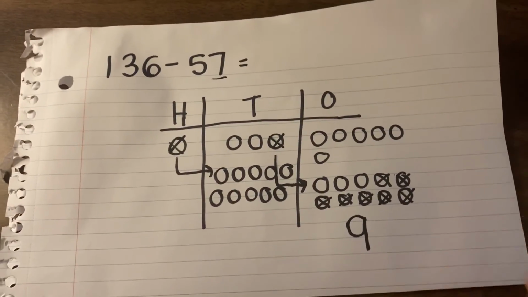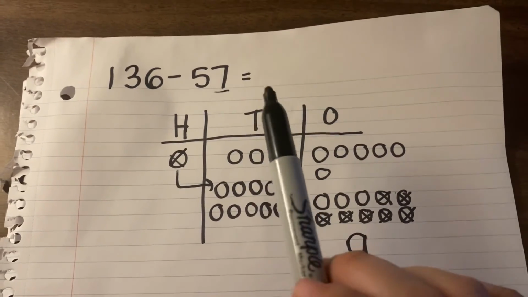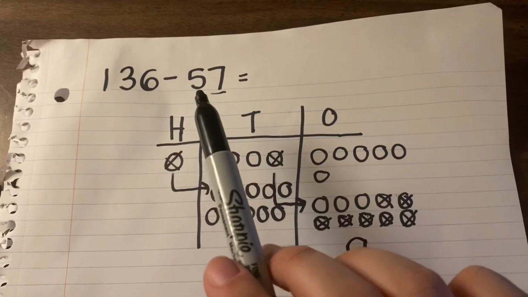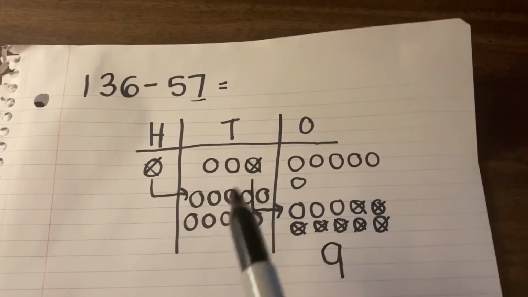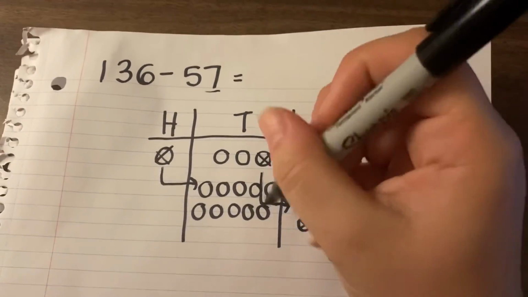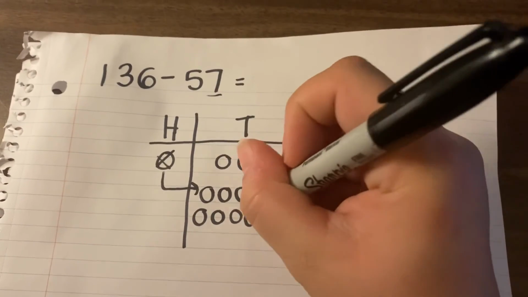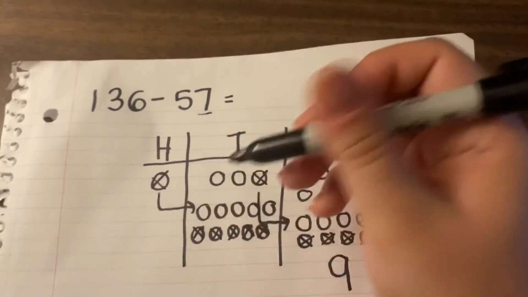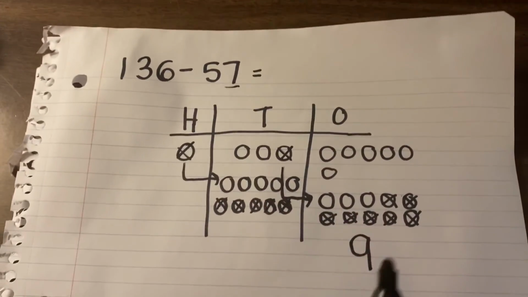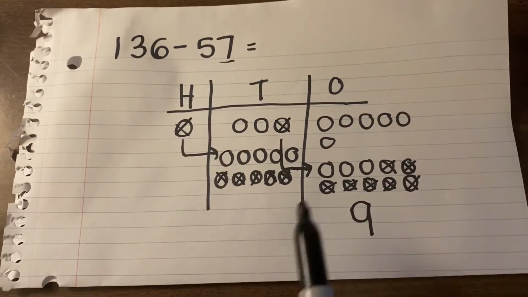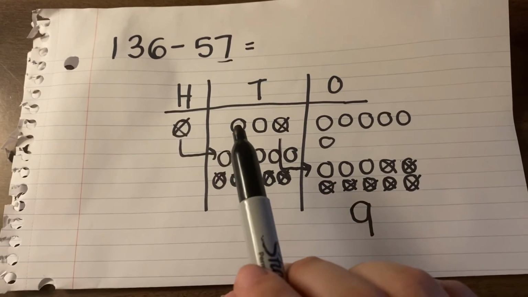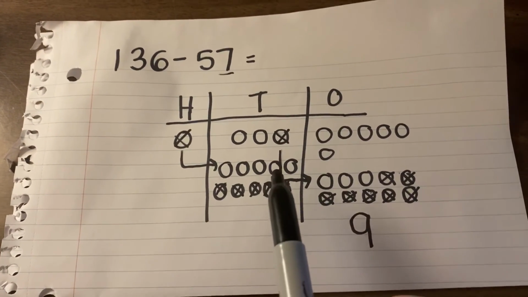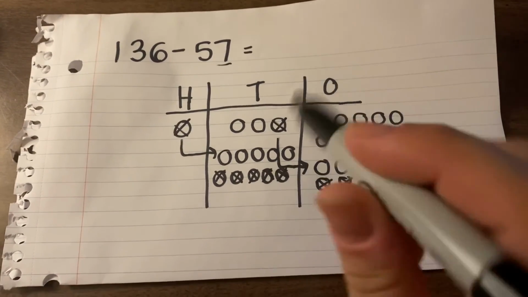Great. So now we have more tens, right? We have enough to subtract our 5. Let's go ahead and cross out 5 tens. 1, 2, 3, 4, 5. Let's see how many tens that leaves us with. 1, 2, 3, 4, 5, 6, 7.